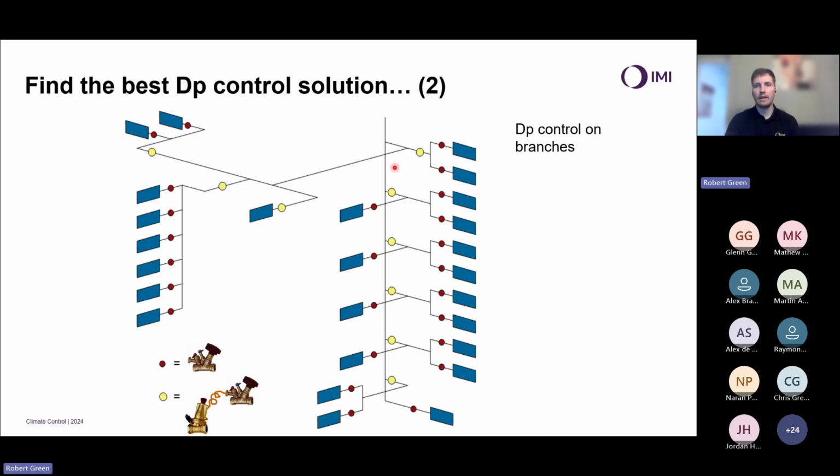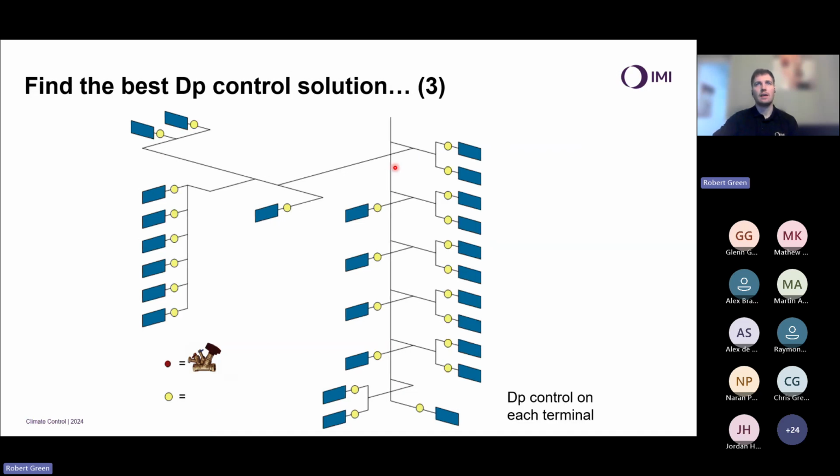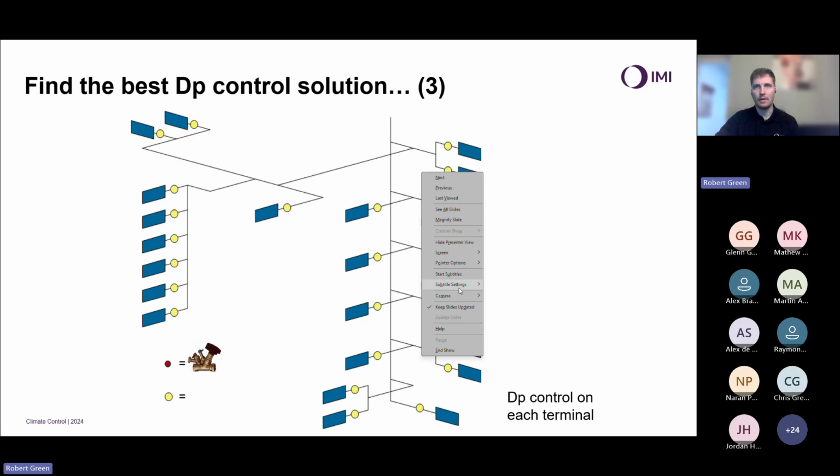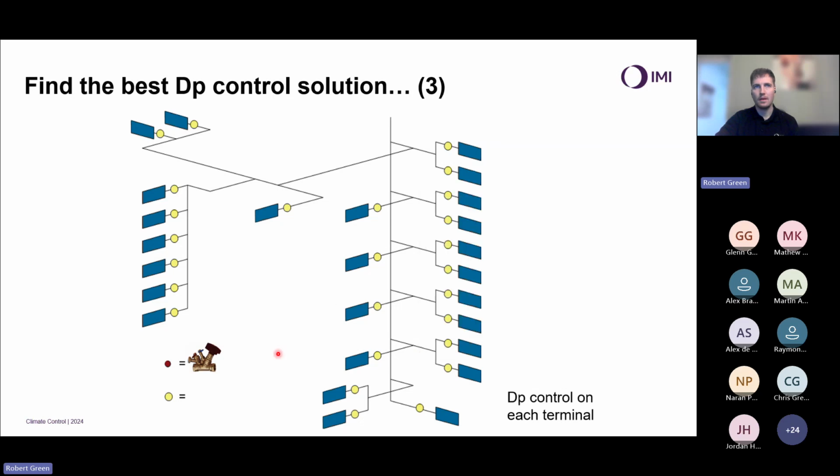Or we could go right to the almost extremes, as it were, and we could place a differential pressure control on each terminal. Now, typically, I've just realized there is an item missing from my slide, so bear with me 2 seconds. These yellow parts are representing now DP control on each terminal, and the most common way of offering that in the modern world is with the pressure independent control valve.